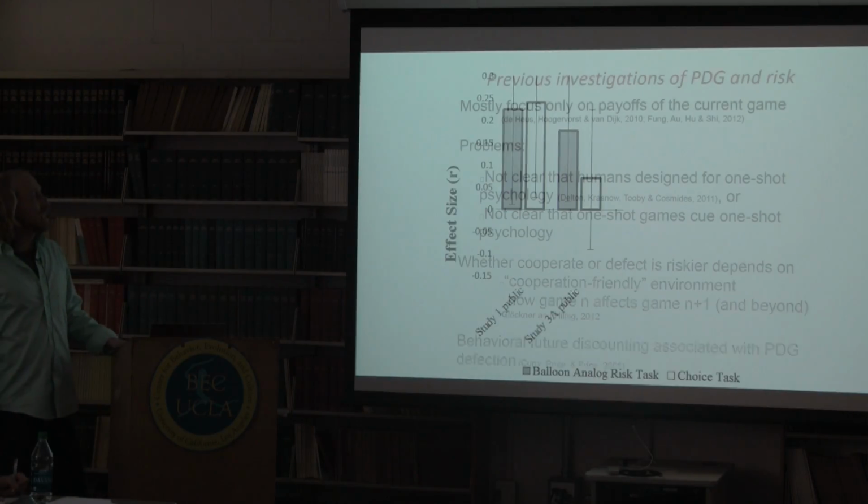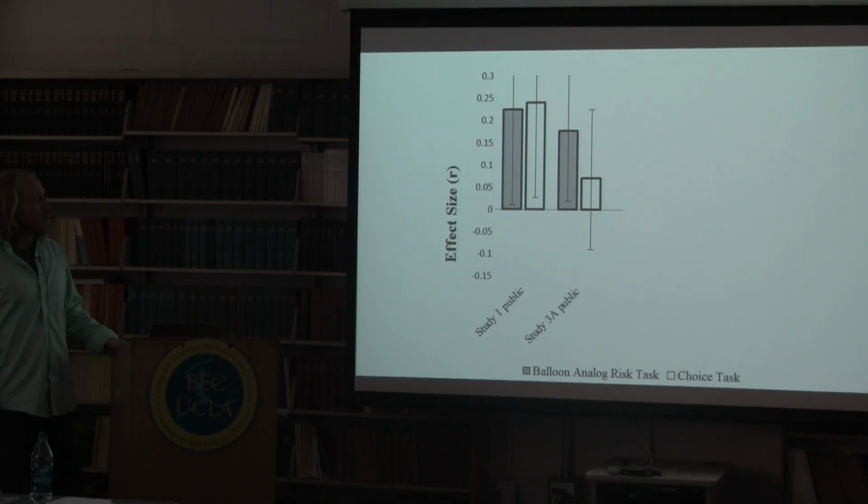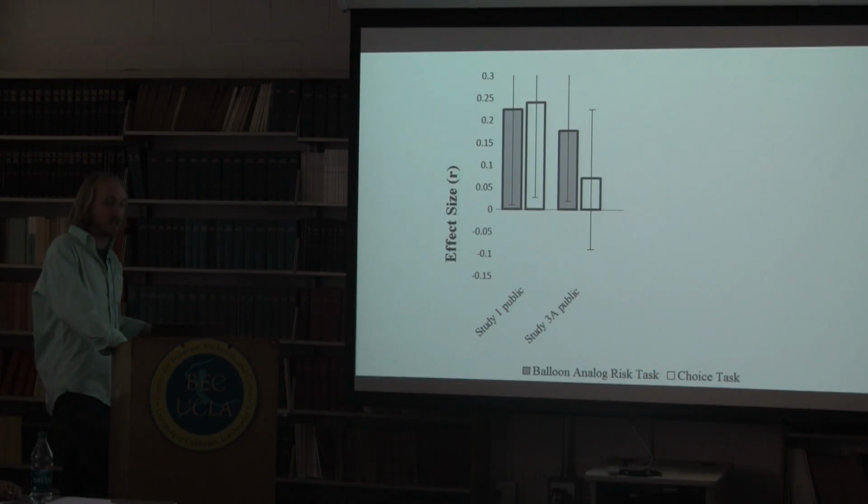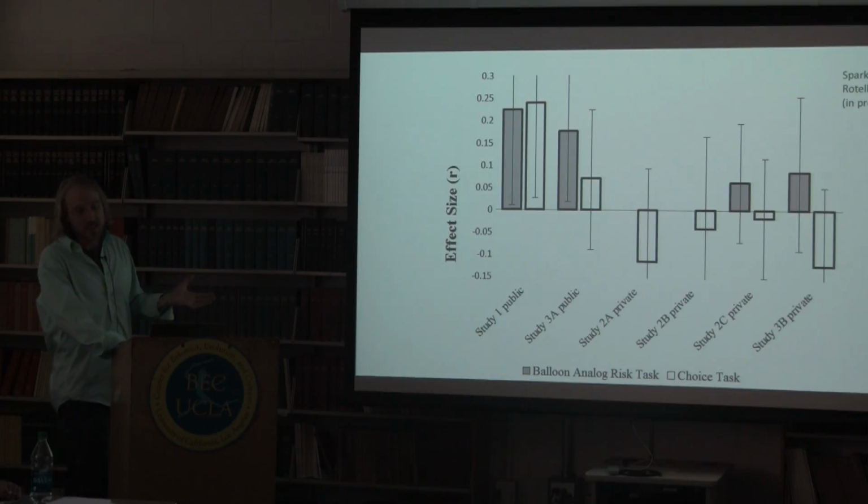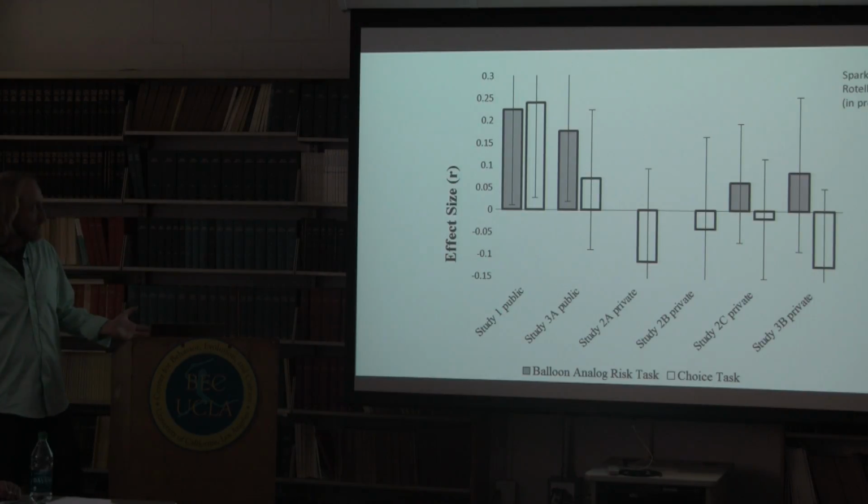What we're seeing is that when the game looked to the participants like it was public, we're generally seeing positive relationships between defection and those risk measures. These look like positive relationships, big confidence intervals, so I'm not sure about it. But when the games were in private scenarios, the relationship between defection and these other risk measures looks to really just be at zero, and it looks like there's nothing there.